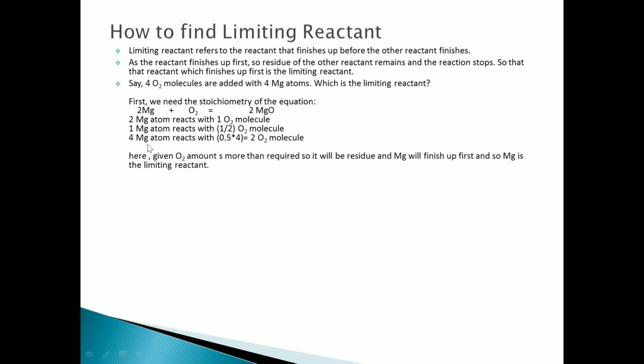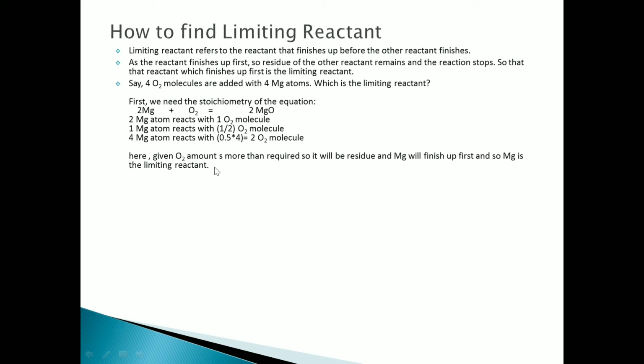Here you can see the 4 magnesium atoms react with 2 oxygen molecules, and here there are 4 magnesium atoms, okay, but there are more molecules than required. Here we can see 4 oxygen molecules, but we need only 2 oxygen molecules, so the 4 magnesium atoms will react with 2 oxygen molecules, but the remaining 2, that is 4 minus 2, 2 more oxygen molecules will remain, and so they will be the residue.